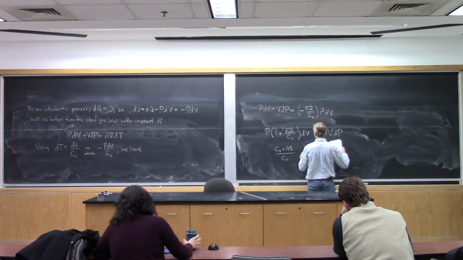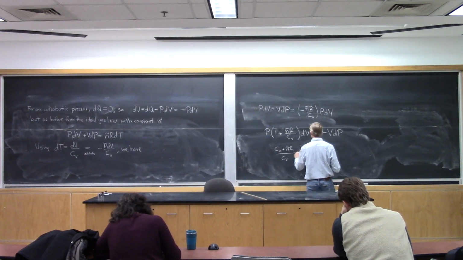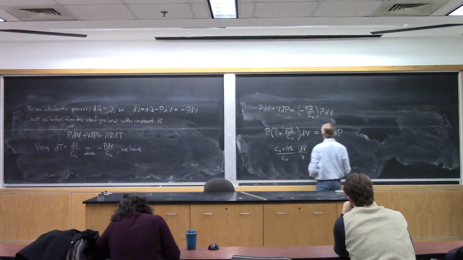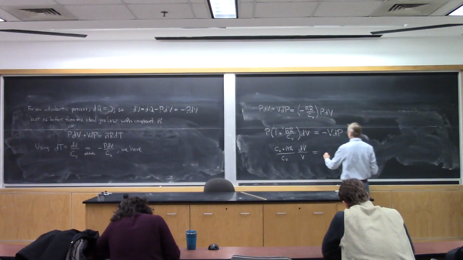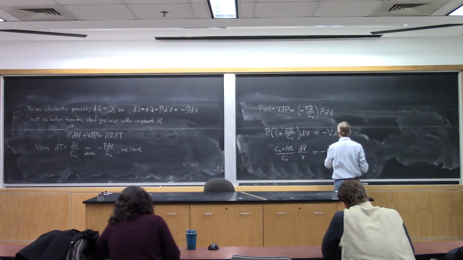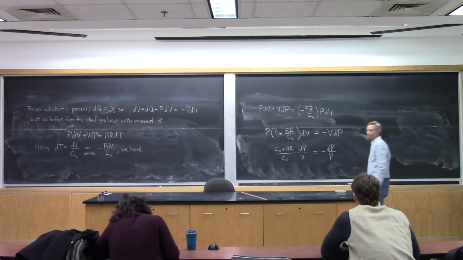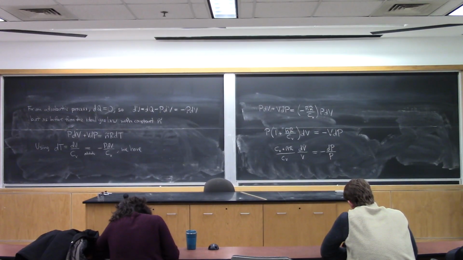And then I'm going to divide through by V, dV over V. And I'm going to divide through by P, equals minus dP over P. We've got something like a log here, right?